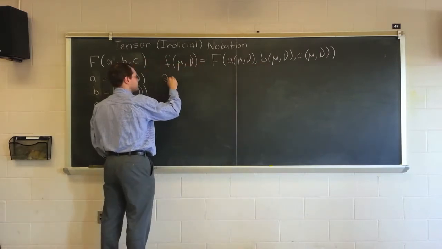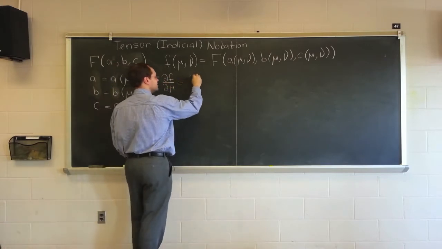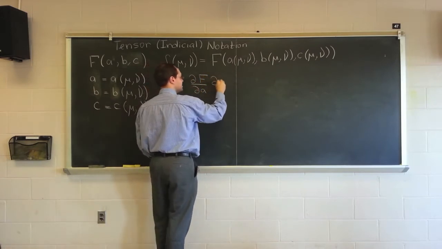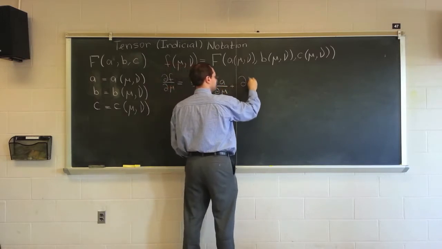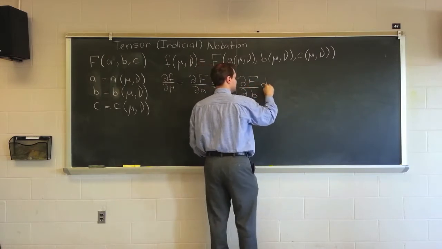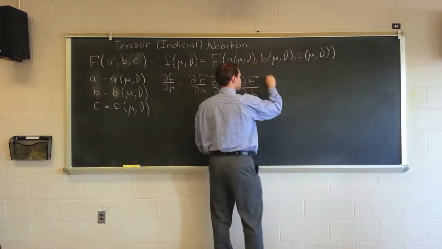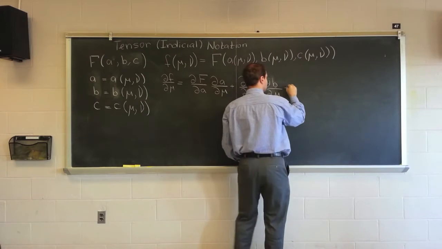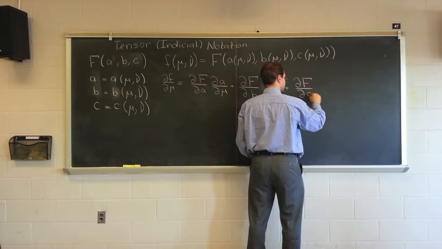So df d mu is of course dF dA times dA d mu, plus df dB times dB d mu, plus df dC times dC d mu.